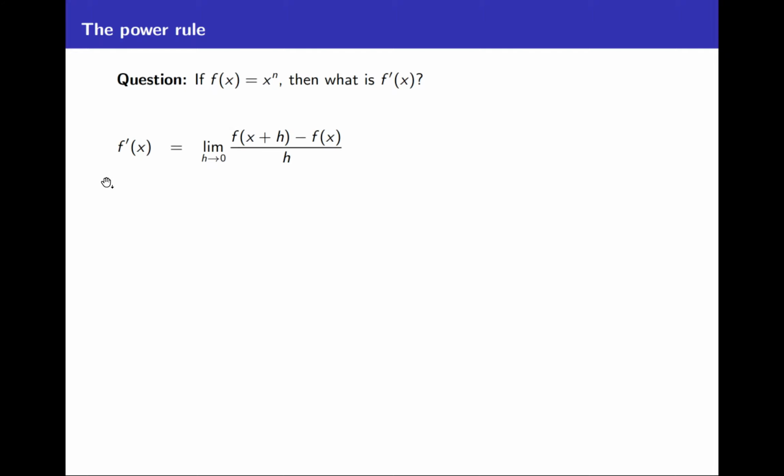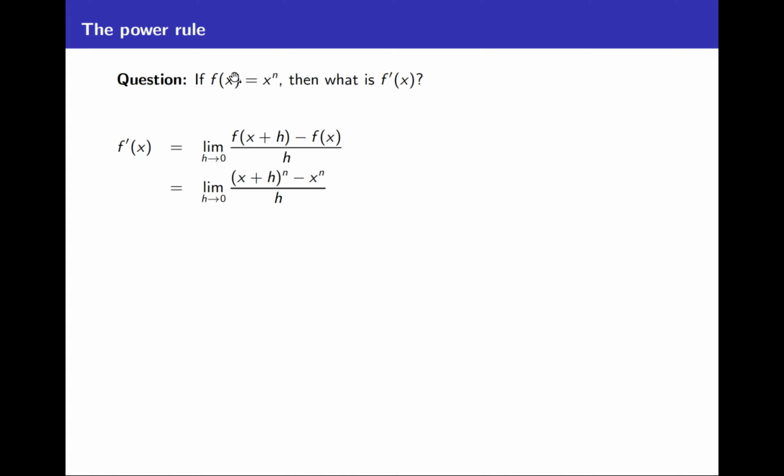Well, let's get to work on that. The derivative f prime of x is given by its definition. It's the limit as h approaches 0 of f of x plus h minus f of x divided by h. And the f of x plus h in this limit is x plus h to the power of n.